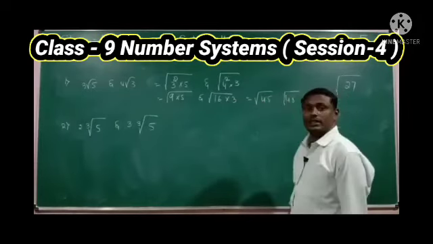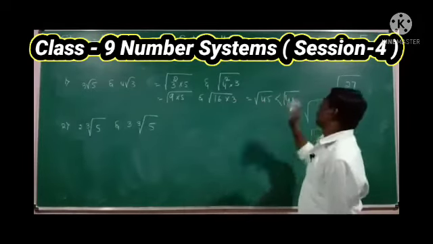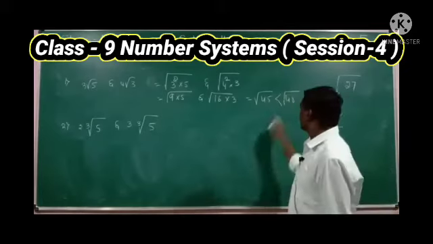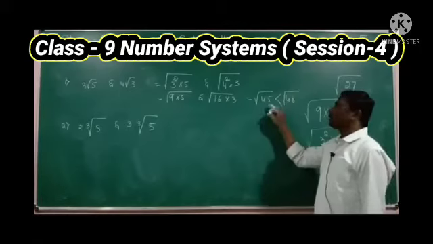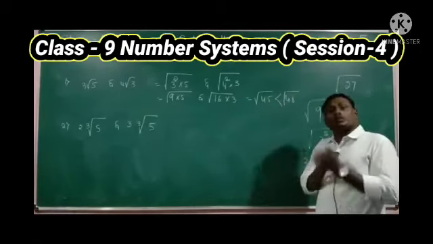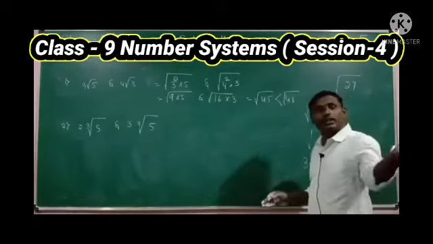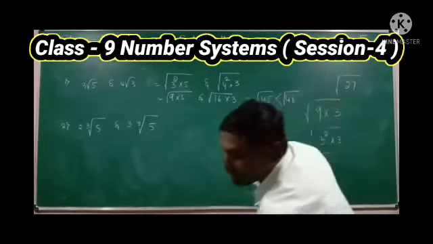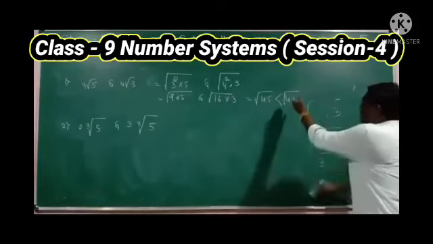So which one is the greatest number here? Root 48 is greater than root 45. Once we compare the given numbers, we can rearrange them in ascending order or in descending order. How can we rearrange the numbers in ascending order? It is already in the ascending form.